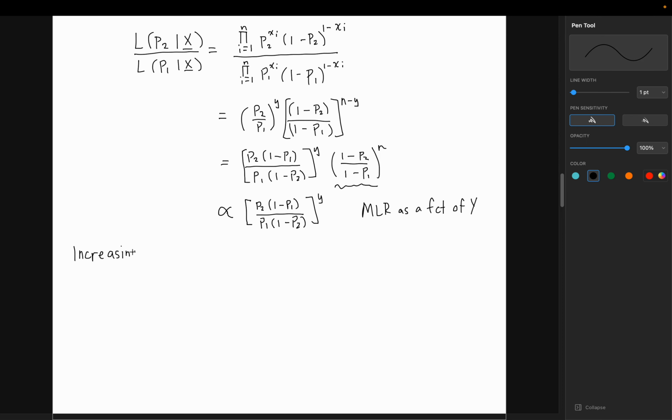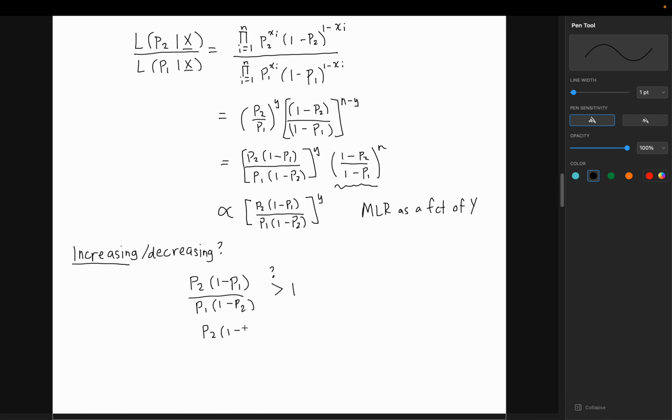So I'm going to check if it's increasing or decreasing. Let's say I'm not quite sure, or I just want to double check, and I'm specifically going to check if it's increasing. So I'm going to check if the term in the square brackets is greater than 1. And I don't know, so I'm going to put a little question mark so I can remind myself what I'm doing.